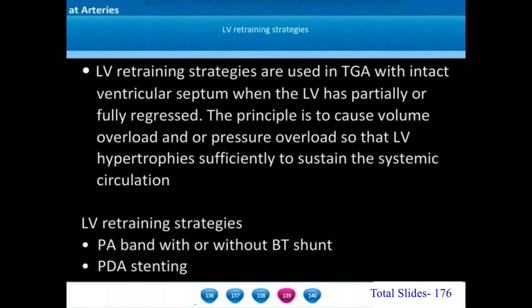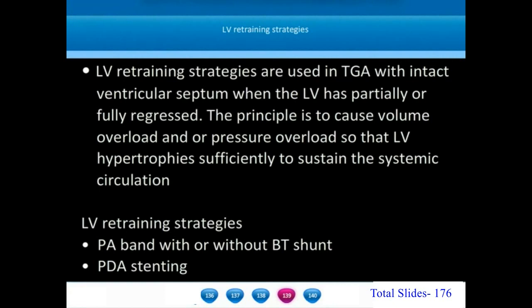The aim of a left ventricular retraining strategy will be to give both a volume overload and pressure overload for the left ventricle. It can be done by a pulmonary artery banding associated with a BT shunt. The pulmonary artery banding will increase the left ventricular systolic pressure, thereby resulting in left ventricular pressure overload.